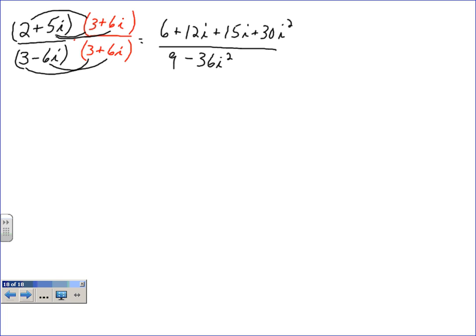Okay? So let's look at that numerator. 30i squared will give you negative 30, because i squared is negative 1. So if I have the 6 and the negative 30, that's negative 24. 12i plus 15i, 27i, over, and what do I have in the denominator?